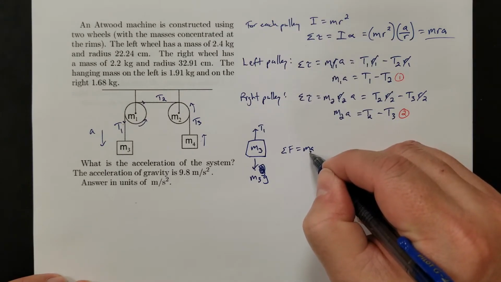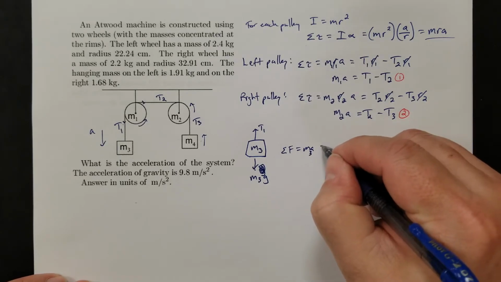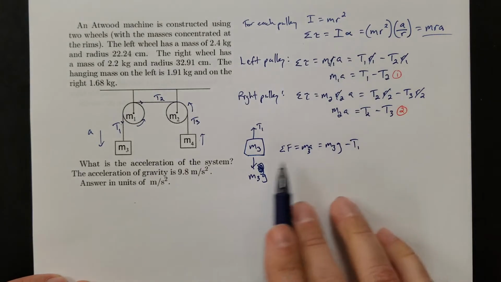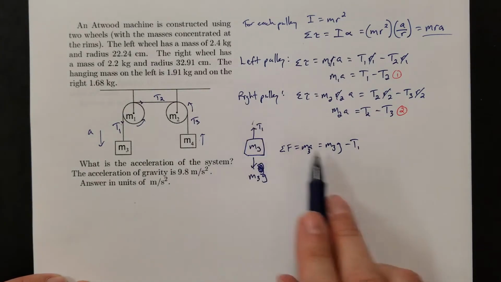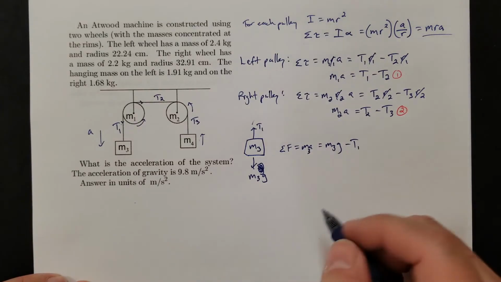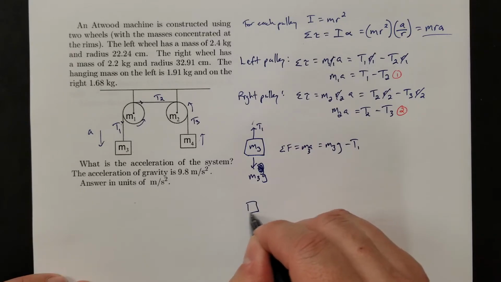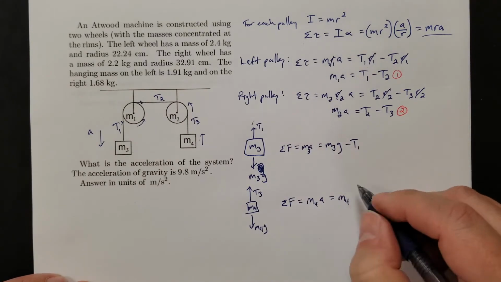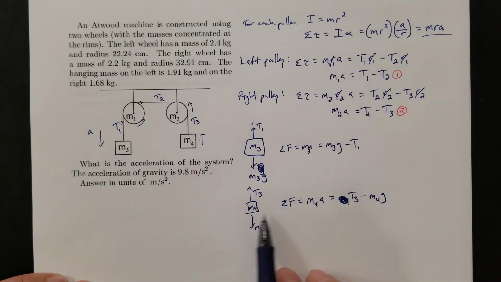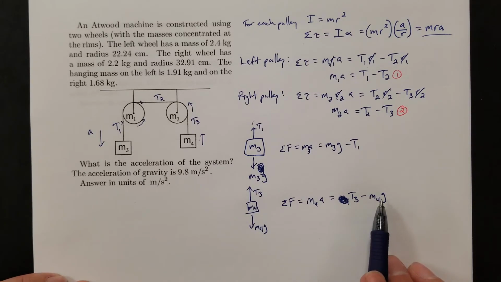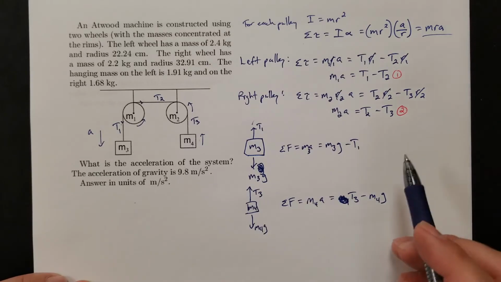So that's M3A equals M3G, which is pulling down, minus T1 pulling up. This one is bigger than that one, so that goes first, and subtract that one. So there's an equation. And then let's do M4. M4 is going to be the same thing. It's accelerating. So mass 4 times the acceleration equals T3 pulling up minus M4G, the weight, pulling down.